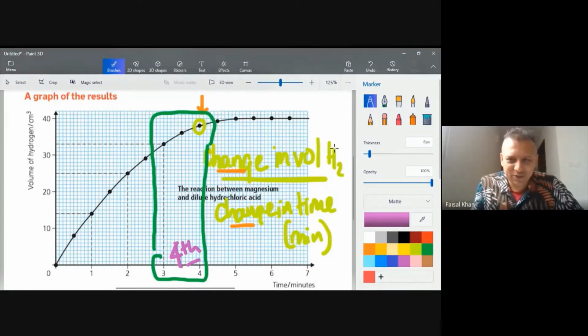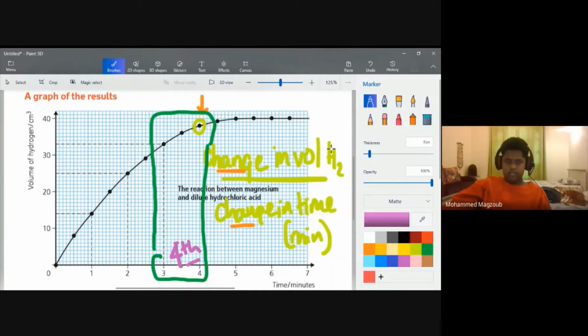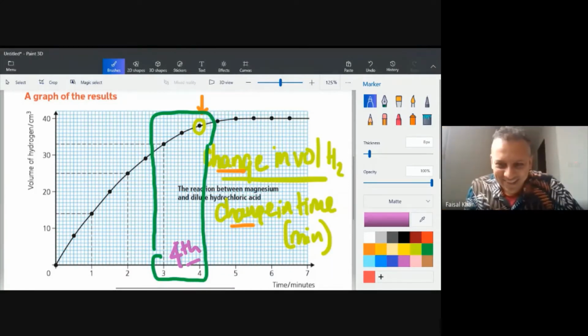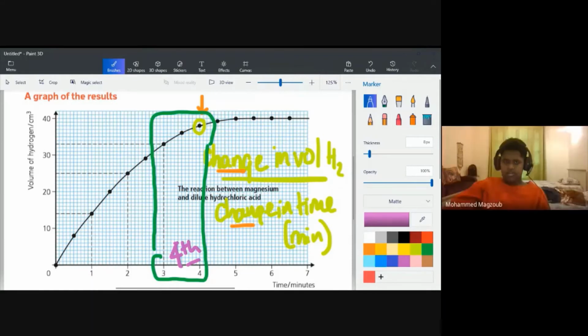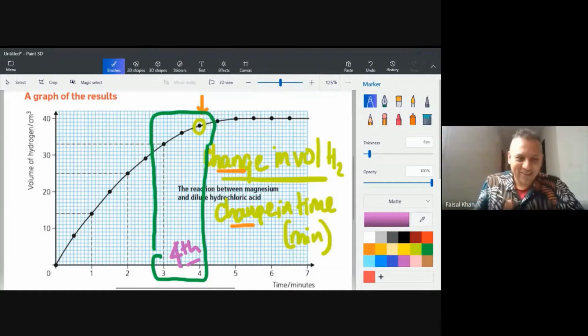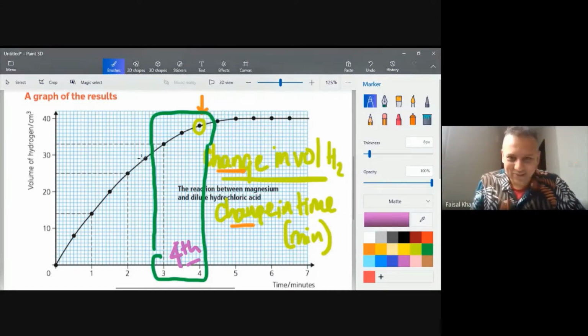The change in volume divided by the change in time. Do you mean the change in volume by the change in time? Yes. Okay, say that then. Divide change in volume by the change in time. Correct. I think that's what you meant, but the translation got muddled.